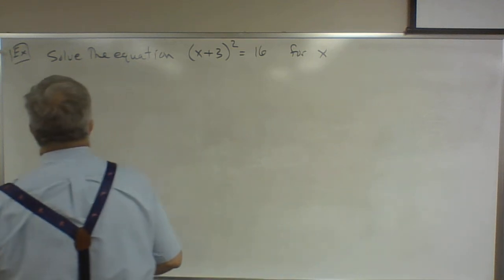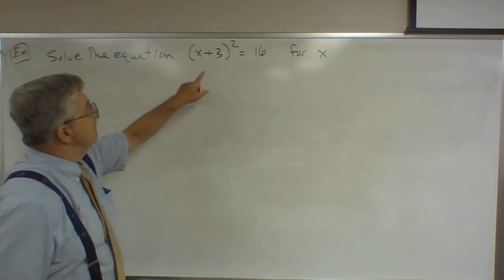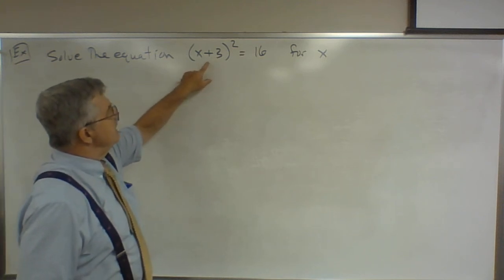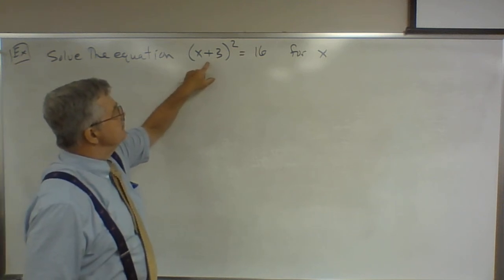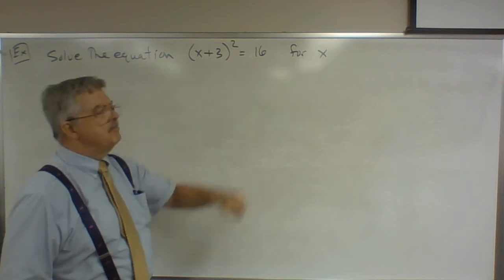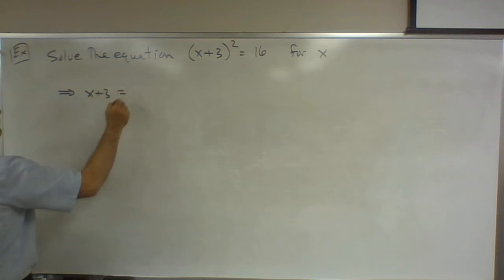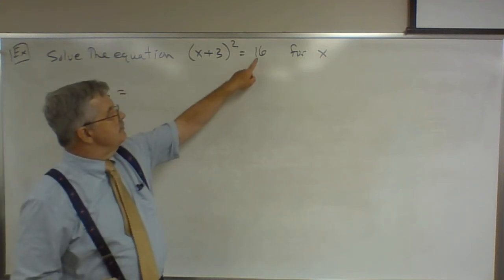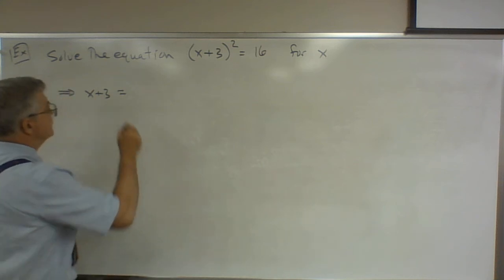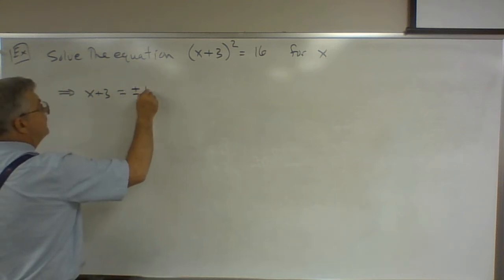Well, let's see. I'd like to get x by itself, so the first thing that I'll do is compute the square root of both sides. And when I compute the square root of 16, I'll get the positive root and the negative root.